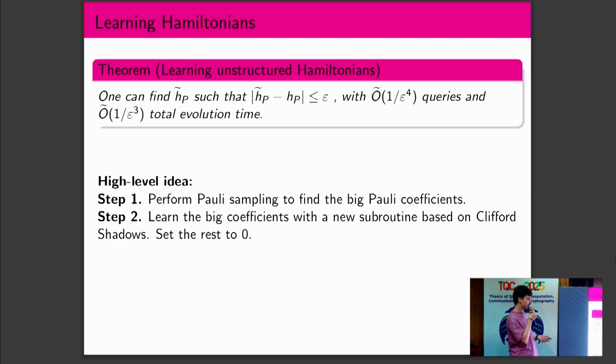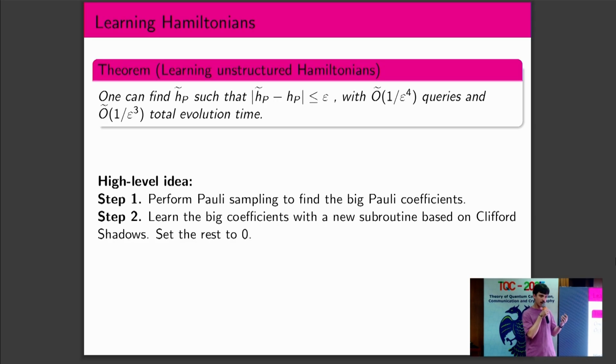But before doing that, let me tell you that this algorithm is also using Pauli sampling as a subroutine. What this algorithm does is that it has 2 stages. In the first stage, what it's going to do is to detect the big Pauli coefficients. So we are going to do Pauli sampling, and you're going to store the outcomes.